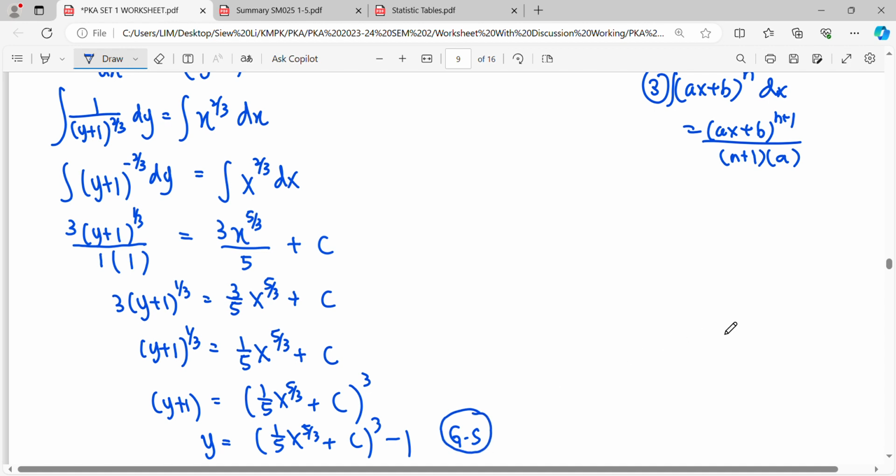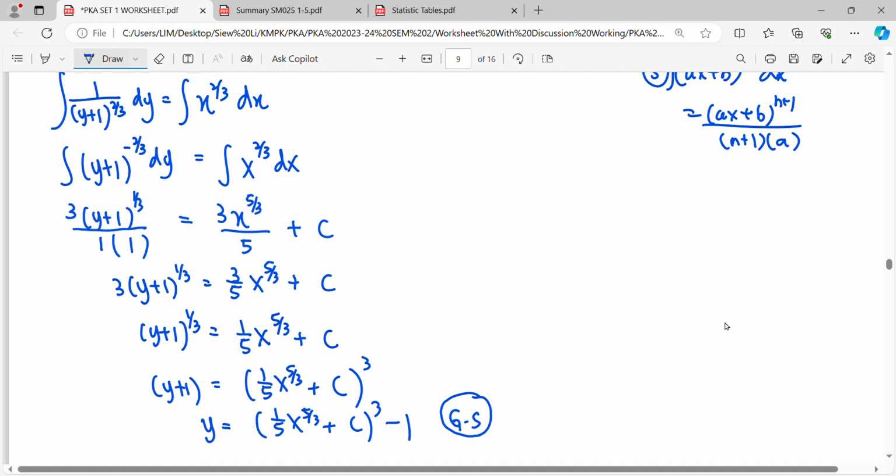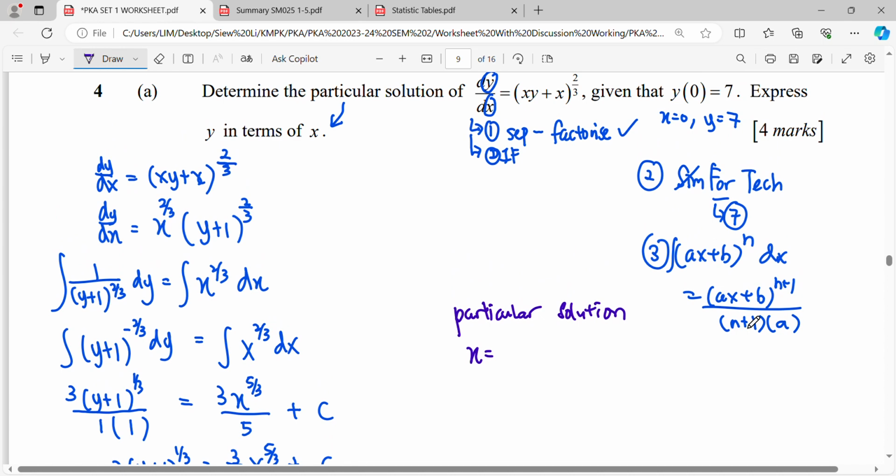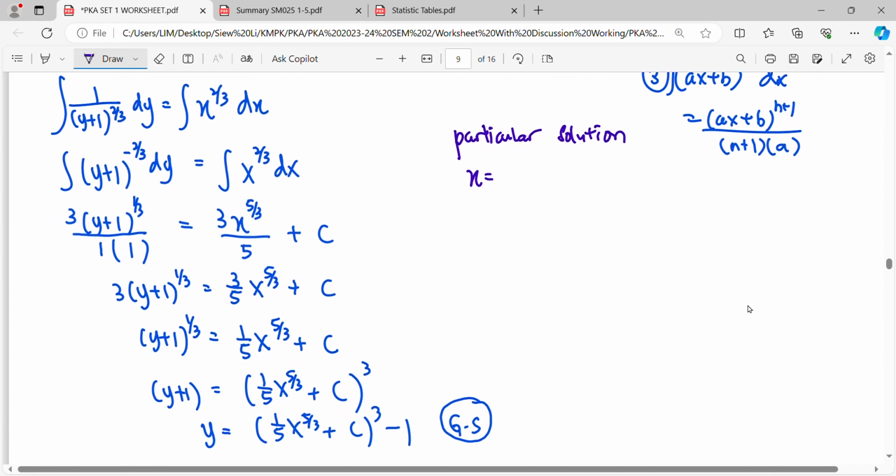So show our general solution, then only we proceed to the next part, which is the particular solution. In the particular solution, we need to substitute the value from the question given: x equals 0, y equals 7.